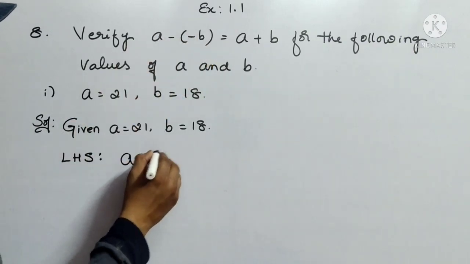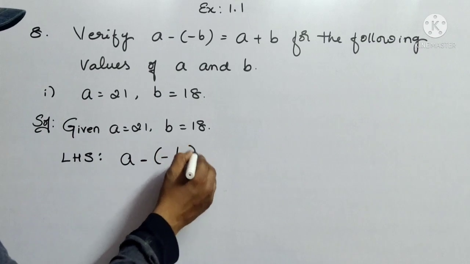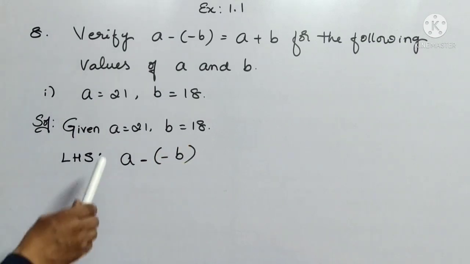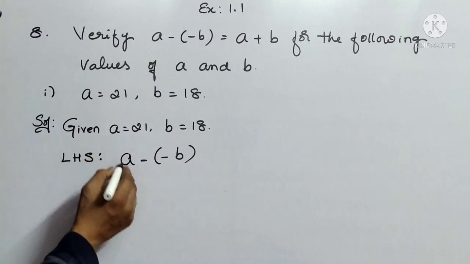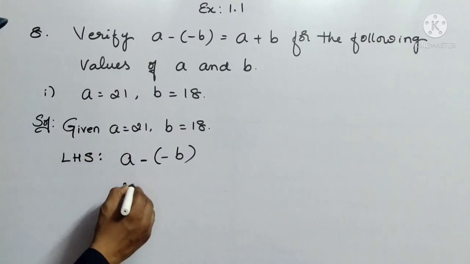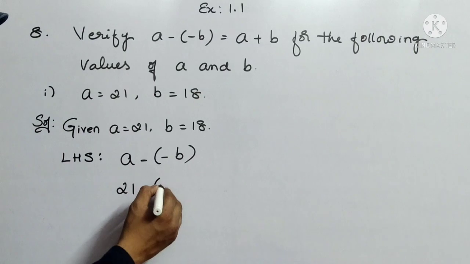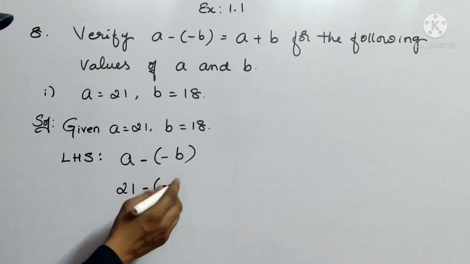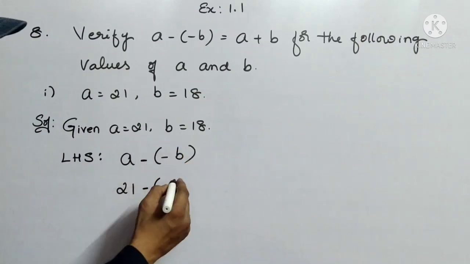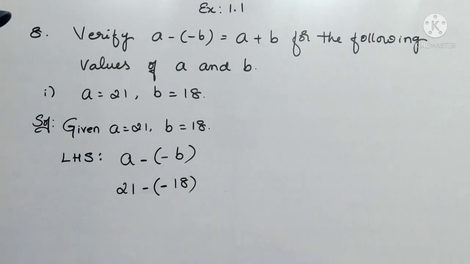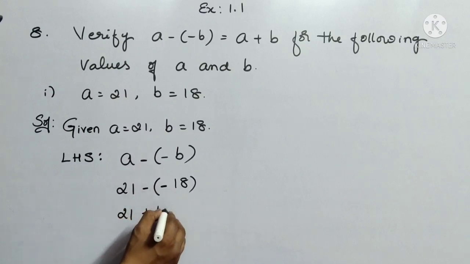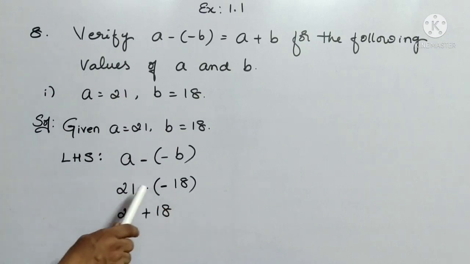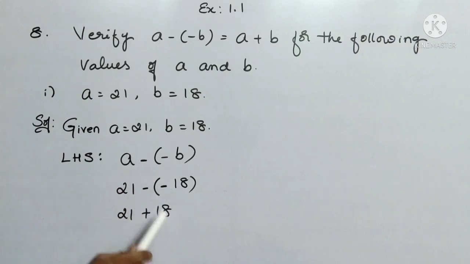A minus of minus B. Now instead of A, that means the A value 21, we write 21 here, minus bracket, minus B means 18. Like this, now 21 minus into minus plus 18. So minus of minus is plus, so plus 18.